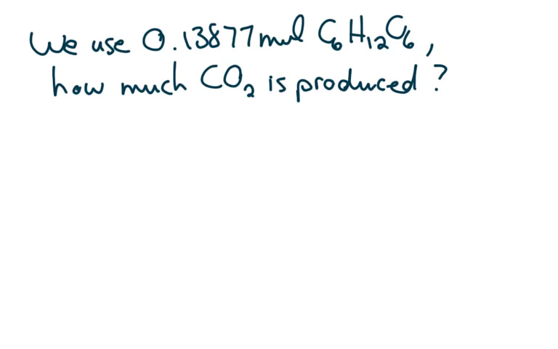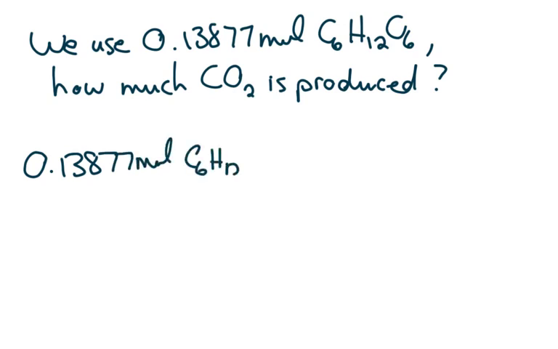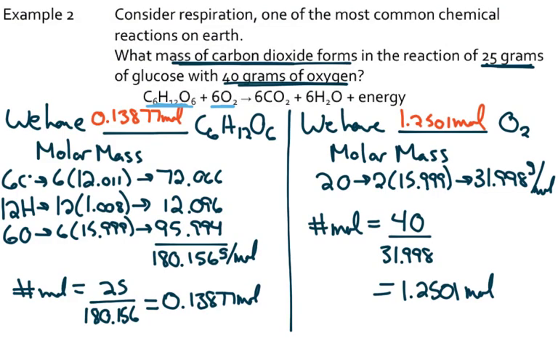Well, we already know how many moles of sugar we used. We're basically on step 2 of a standard stoichiometry problem. So, knowing that we use up 0.13877 moles of sugar, we can multiply that by the mole ratio of sugar and CO2 to determine how much CO2 gets produced. Going back, again, sugar was 1 mole, CO2 is 6.